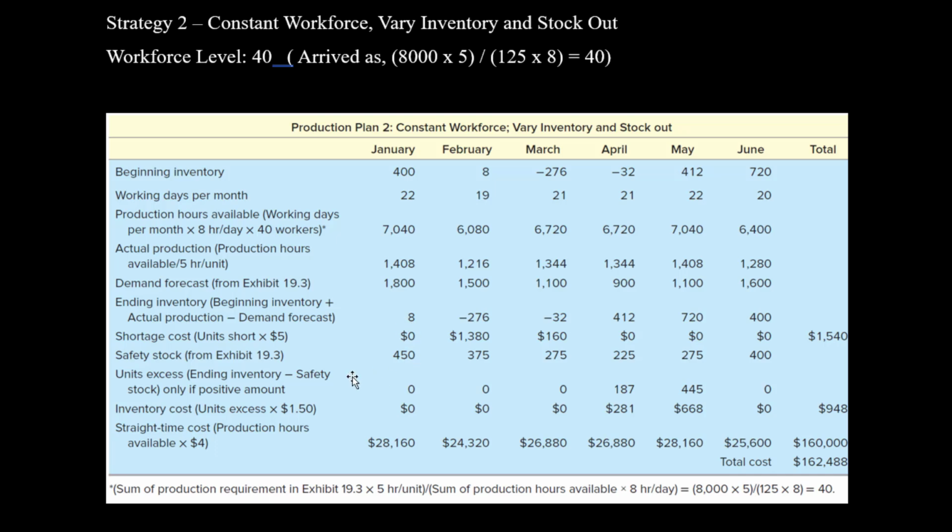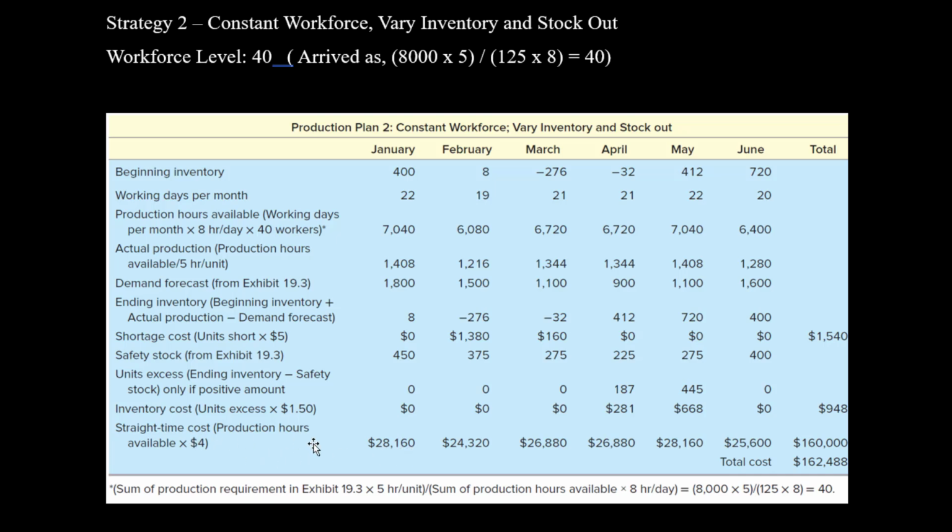So this 22 days, 40 workers, and we are going to pay them at $4 per hour. So the total multiplication 22 into 8 into 4 into 40 will give you 28,160. That is the straight time cost.